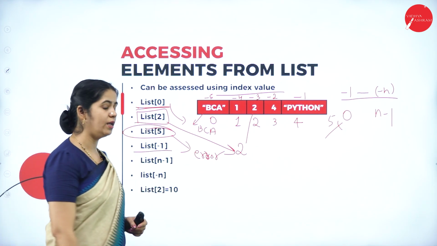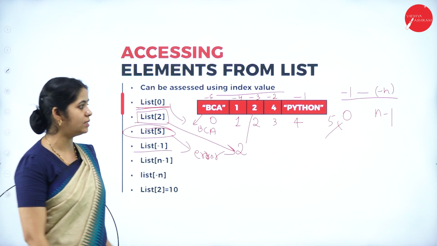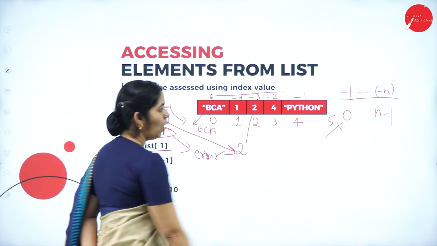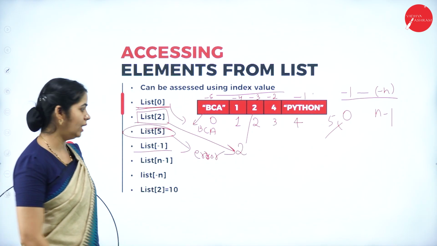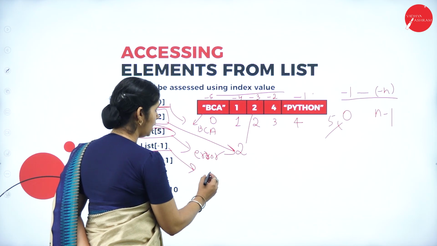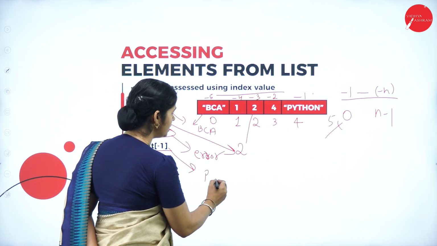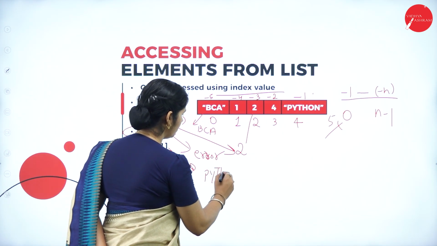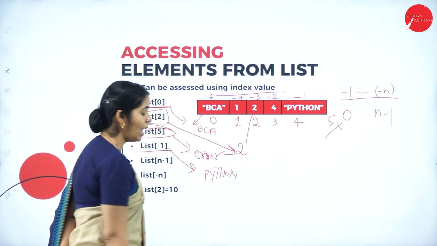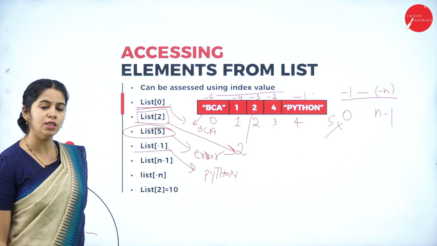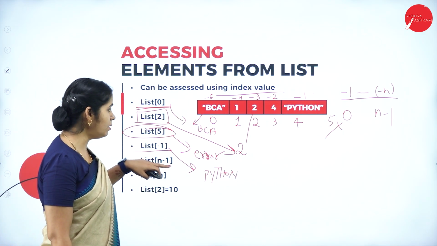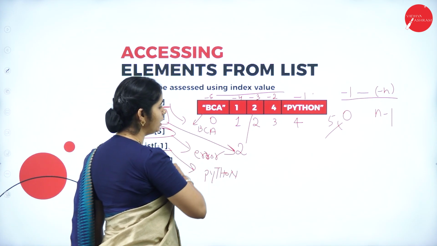Then list of -1 will allow us to access the last element of the list directly. What is the last element of the list? It is Python. That will be accessed by giving the negative indexing. List of n minus 1: what is n minus 1?